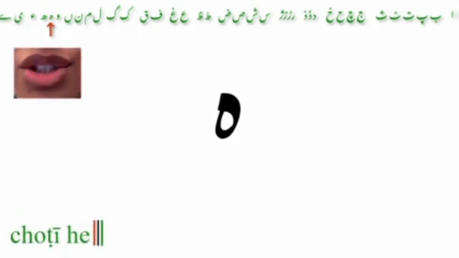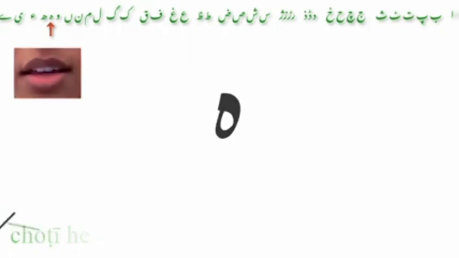Vow. All right. After vow, we've got choti hai. So earlier we had badi hai. Here is our choti hai. All right, moving right along.